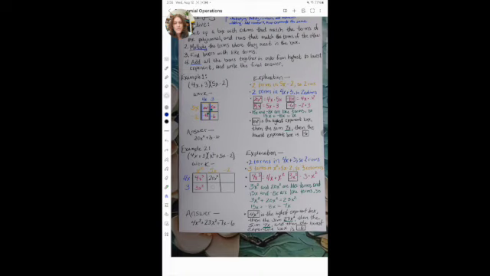So the 4 times the 5 made the 20, and then x times x made the x squared. 3 times 5 makes 15 with an x, and then 4 times negative 2 makes negative 8 with an x, and then negative 2 times 3 makes negative 6.